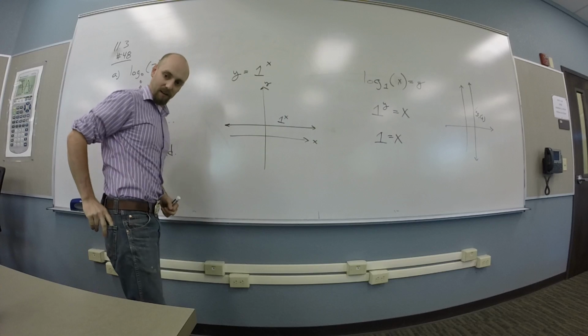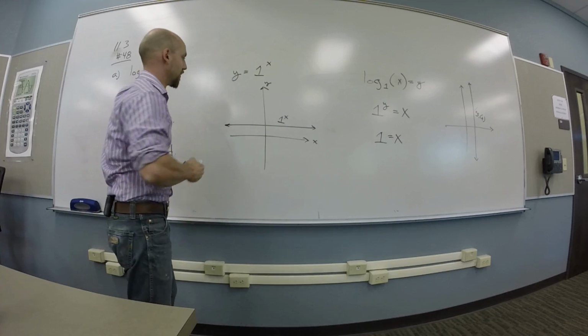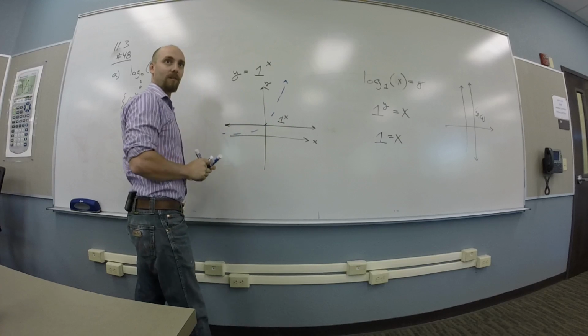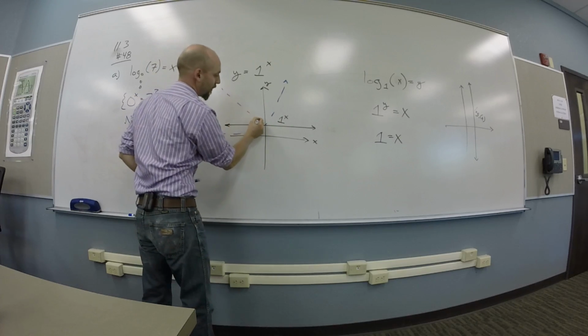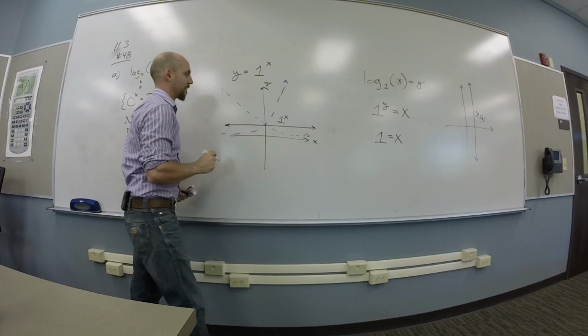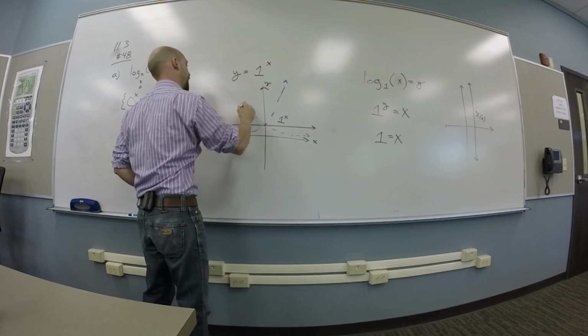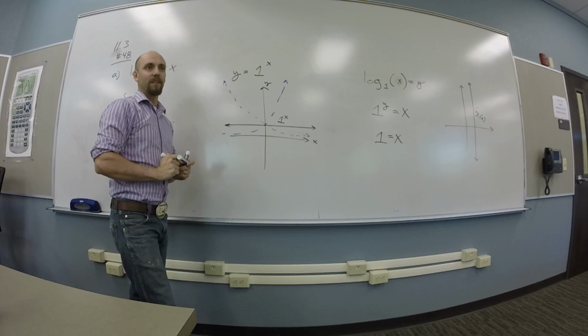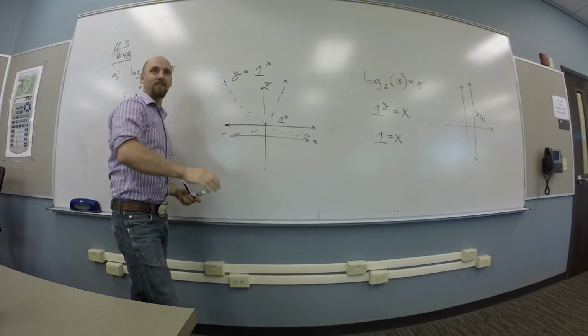Normally those exponential functions look like this, or like this, right? You guys see that? But they kind of have this weird switch.